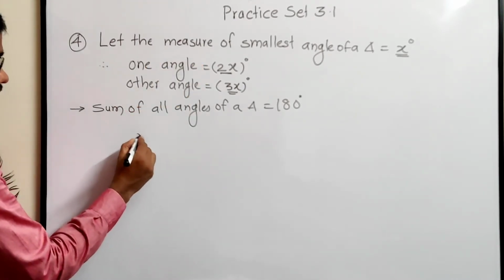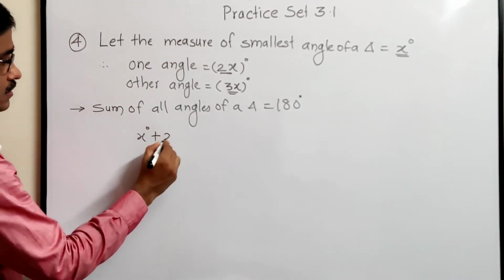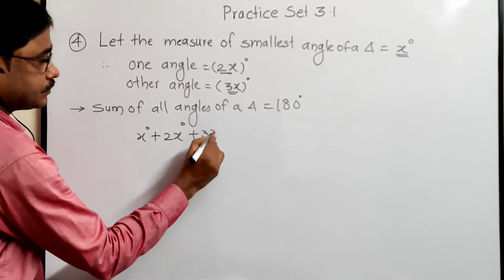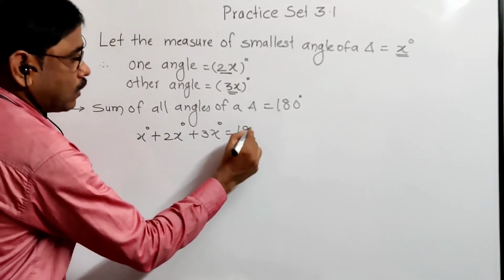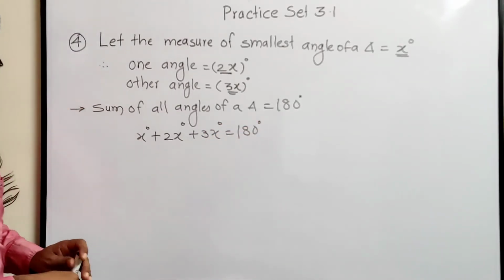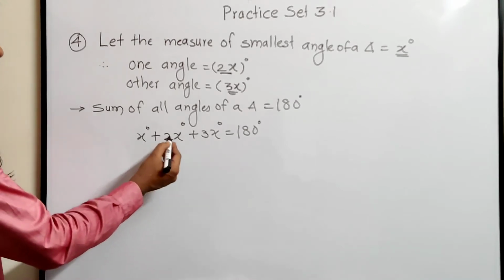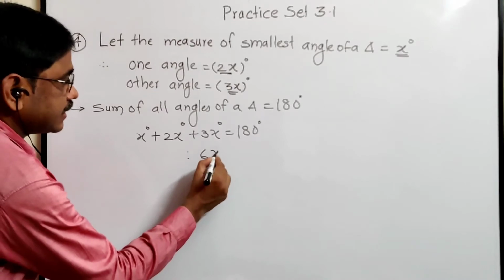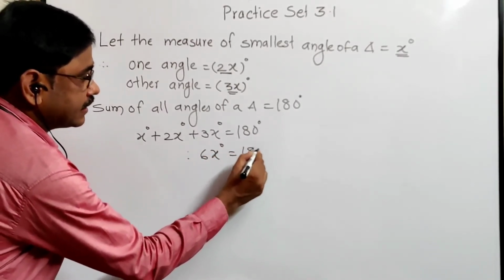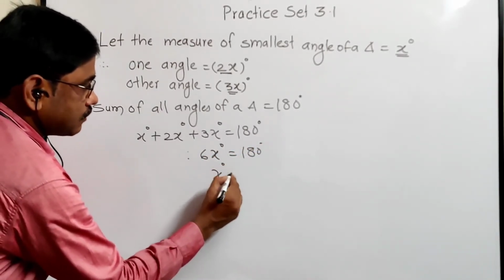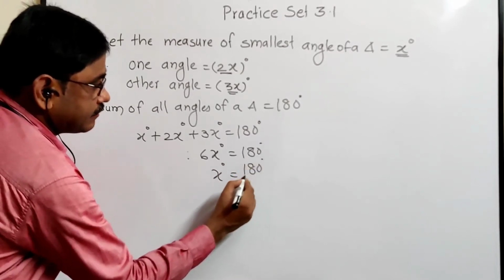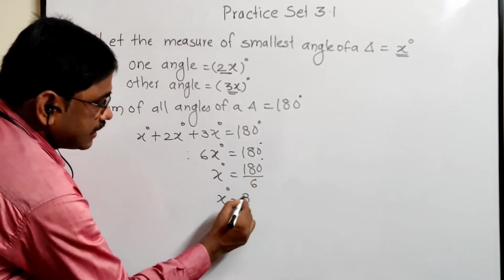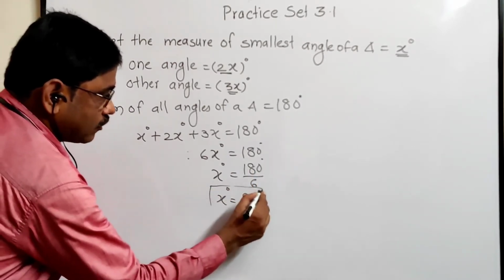Smallest is x degrees plus other one is 2x degrees plus 3x degrees is equal to 180 degrees. We have to find the measure of each angle. So x plus 2x, 3x, plus 3x, 6x degrees is equal to 180 degrees. Therefore x degrees is equal to 180 divided by 6. Therefore x is equal to 30 degrees, since 6 threes are 18. So we get the value of x.